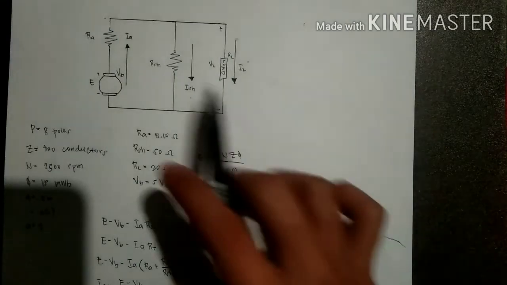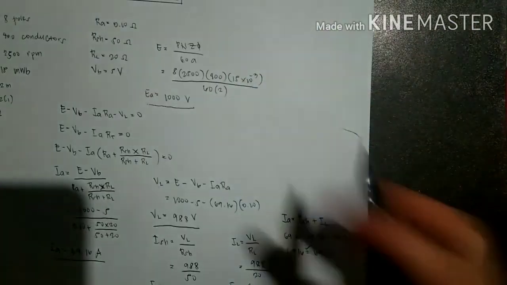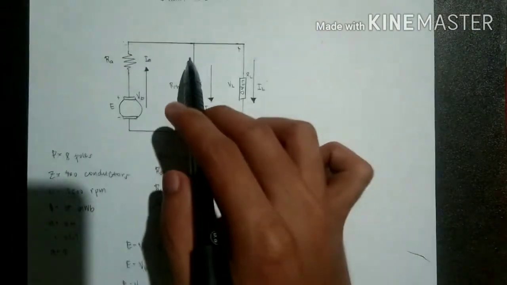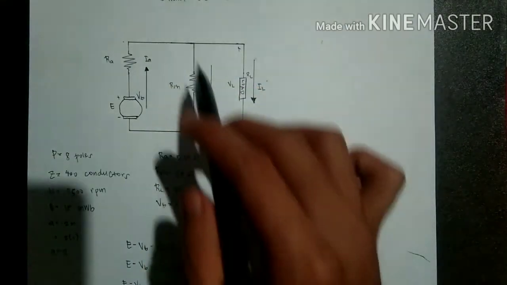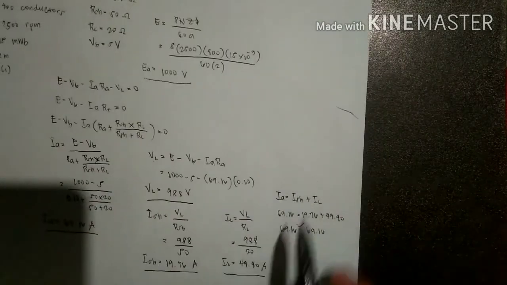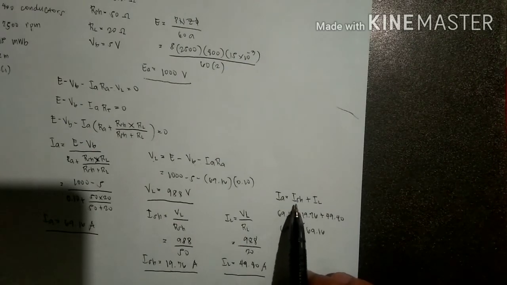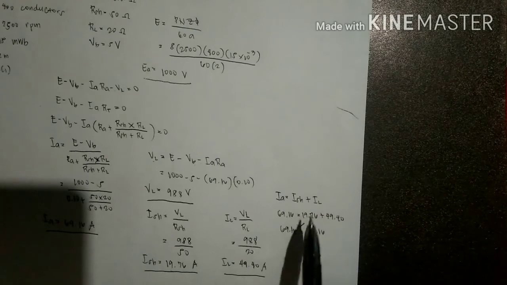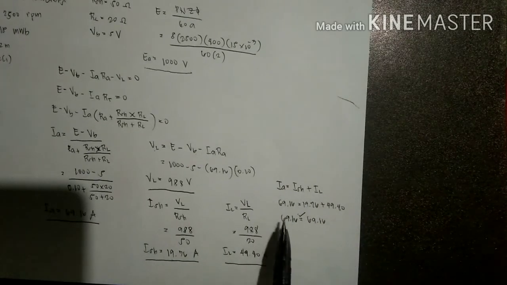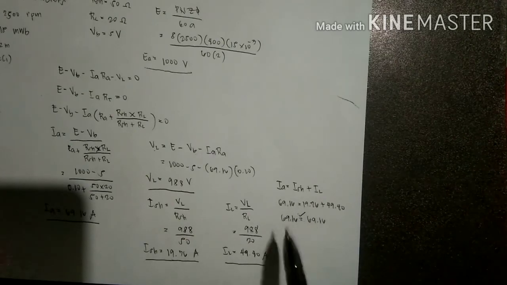Since in this part we use KCL, we can say that current entering is equal to current going out. So IA is equal to shunt current plus load current. We can check if it is equal: 19.76 plus 49.40, so we can say that it is equal.